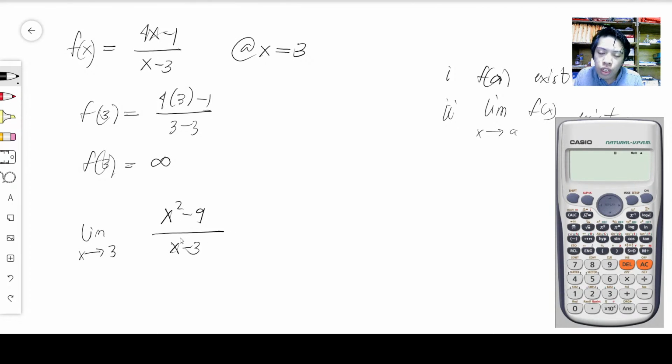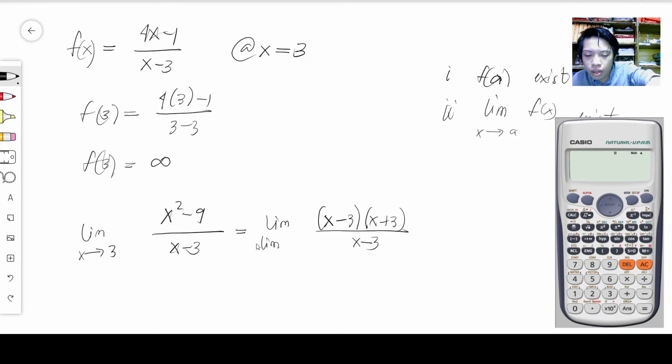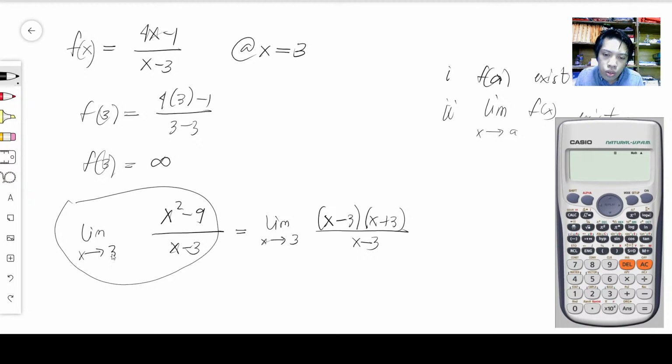In finding the limit, we factor out the numerator: this is equal to the limit of x minus 3 multiplied by x plus 3, all over x minus 3, as x approaches 3. Clearly, when you substitute 3 here, the denominator will yield a 0, so your function will be undefined.